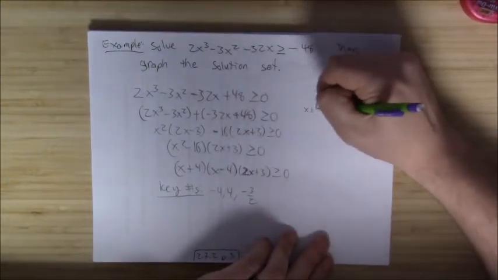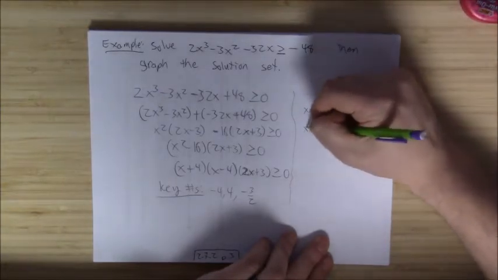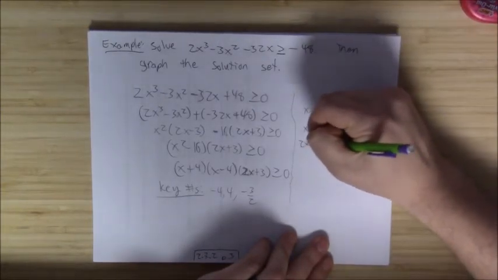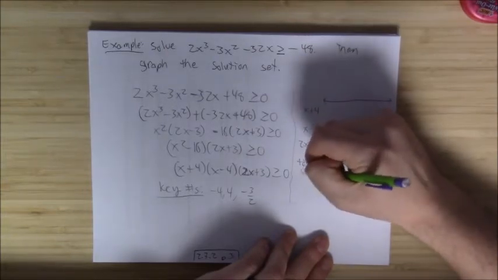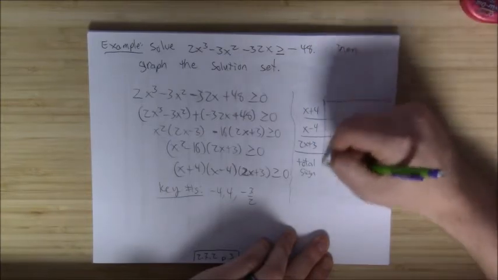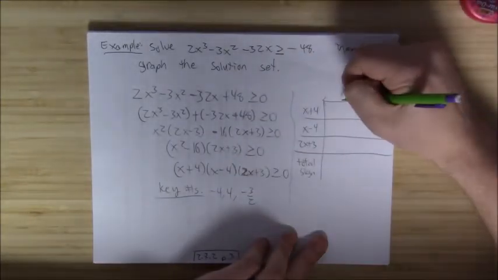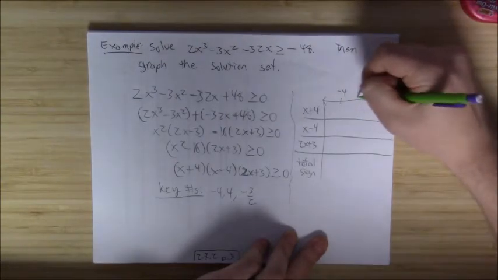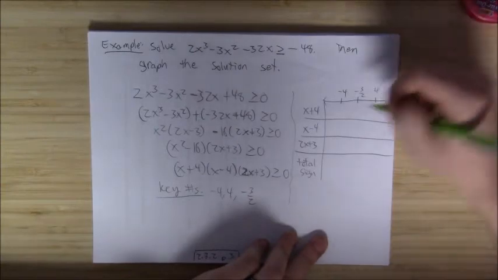Here we have 3 factors, x plus 4, x minus 4, and 2x plus 3. I'll just write total here, the total sign here. And so, breaking that up, we have this. Our key numbers are negative 4, negative 3 halves. You need to do them in order. Negative 4, negative 3 halves, and 4.